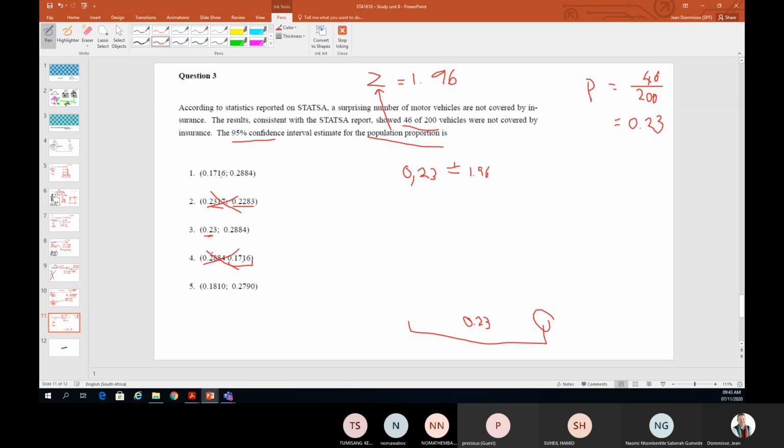Interesting, that and that and that match, so I would nearly automatically want to say option 1 is the answer, but let's look at this one. This can also be, because 0.23 is in the middle. This one again can't be, because the lower limit needs to be less than that. So we basically have option 1 or option 5 to work with. So again, we need to work with the formula.